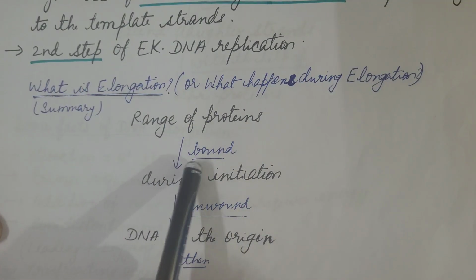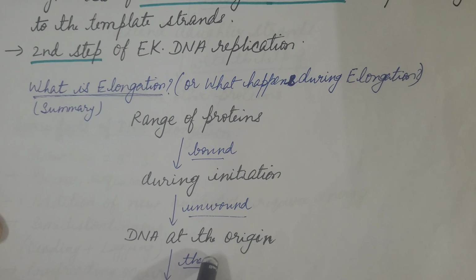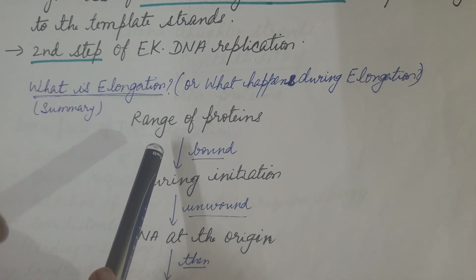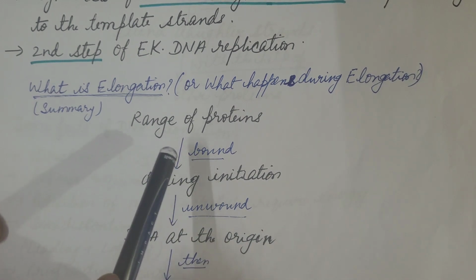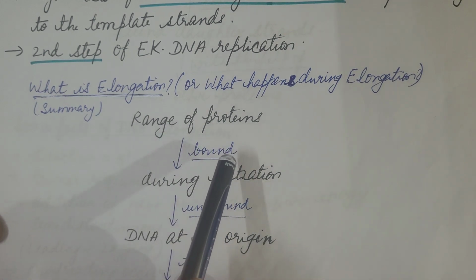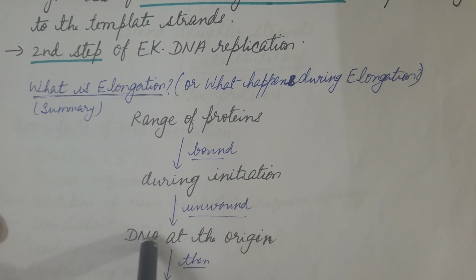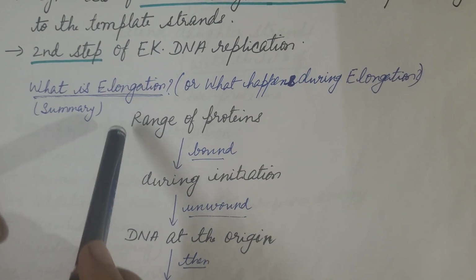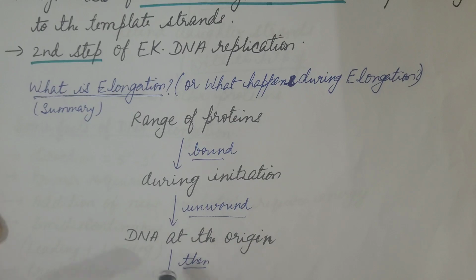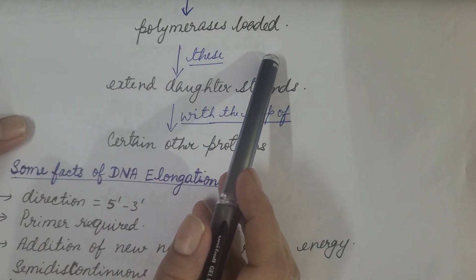A range of proteins bound during initiation, and these then unwound DNA at the origin. As we have seen in the initiation step, a number of proteins come and bind to the origin of replication. This results in the unwinding of the DNA. Then DNA polymerases are loaded.